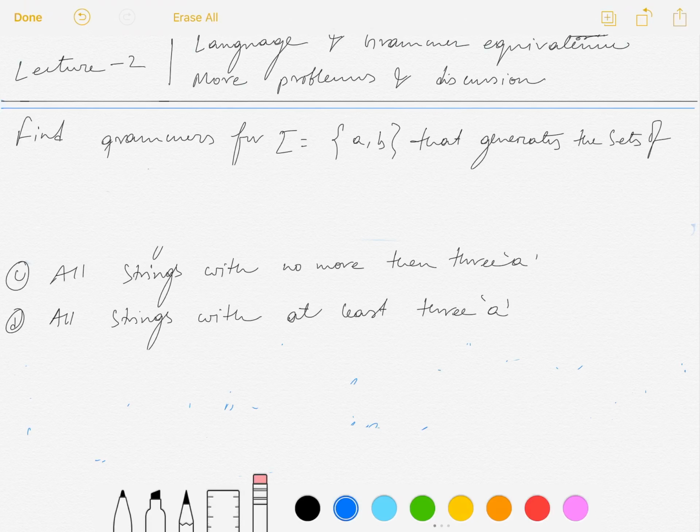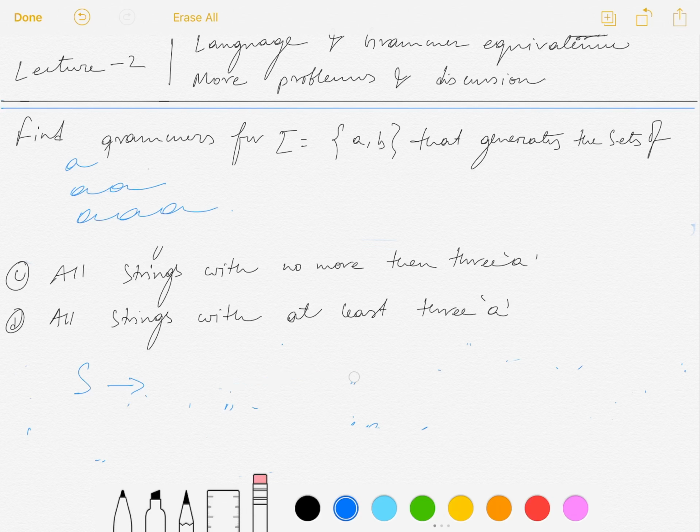So, if I consider a, if I consider 2a, if I consider 3a, but 4a will not be accepted. So, how can I write this one? If I write S equals to triple a, that should be accepted, right, but in between this 3a, b may be at any positions.